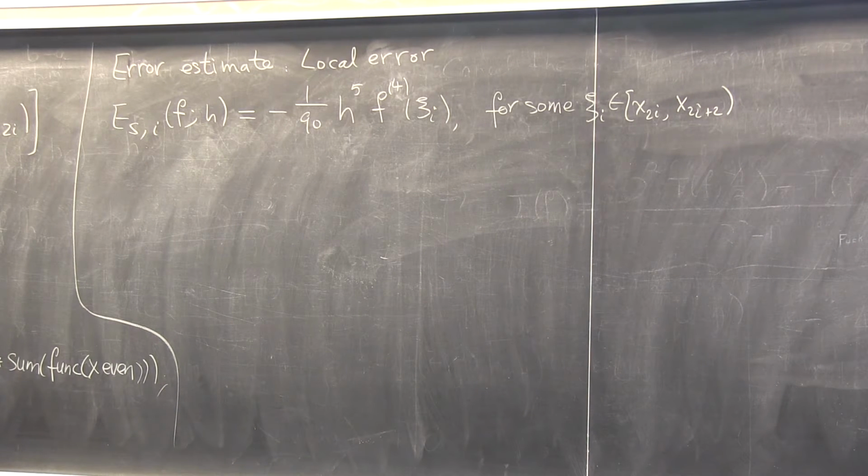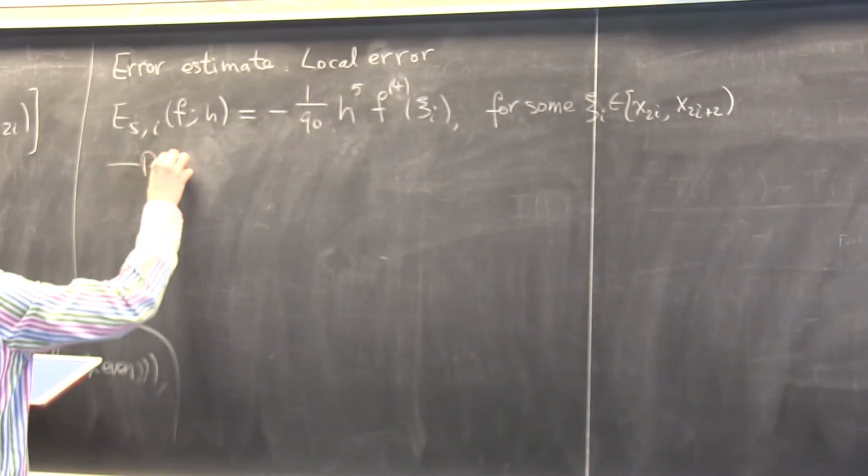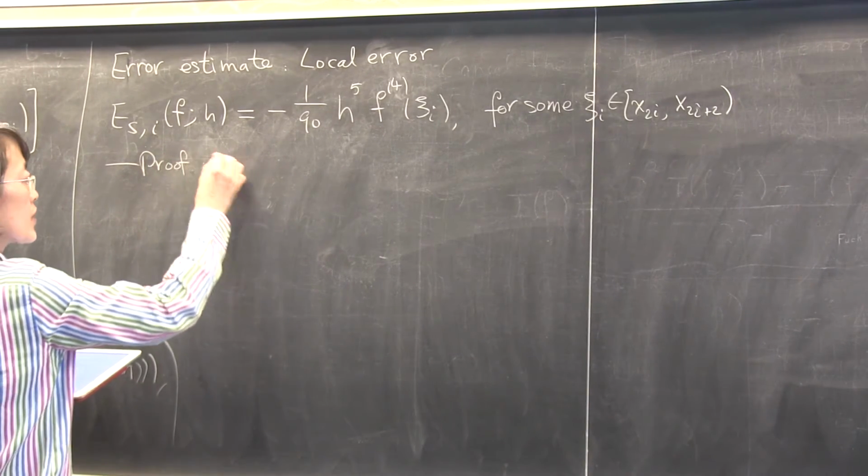Okay, so the derivation for this formula is very similar to the one we did for the trapezoid rule. It's a bit bigger, it's more work. There's an integral of a cubic polynomial to integrate. The detailed proof is in the lecture notes, and I choose to skip it.